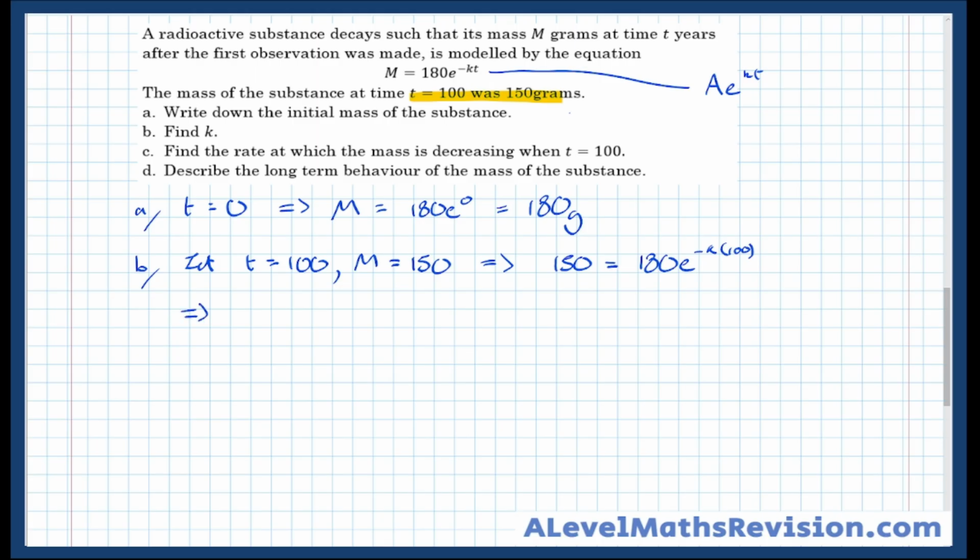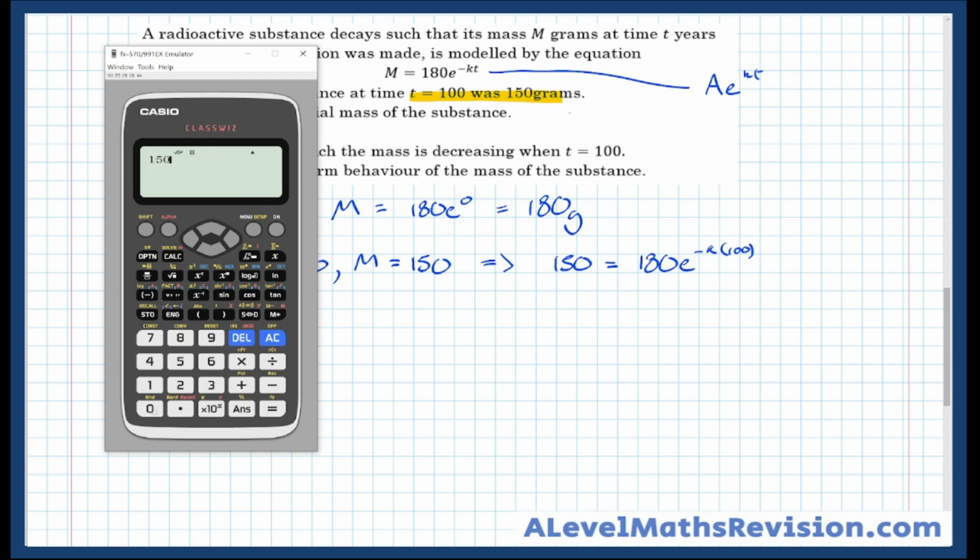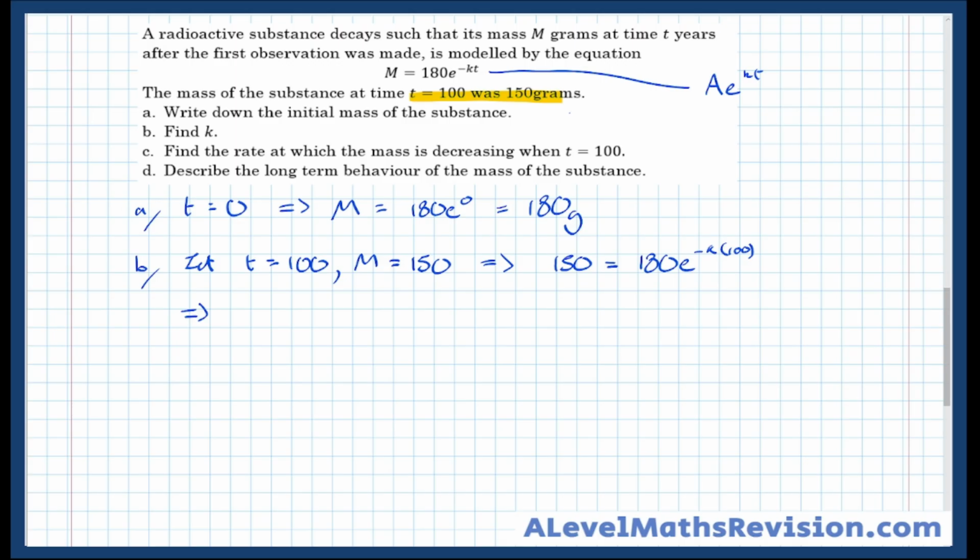So 150 over 180 is 5/6. So 5/6 equals e to the negative 100k, and taking the natural log of both sides, the natural log undoes the e, so we get natural log of 5/6 equals minus 100k.